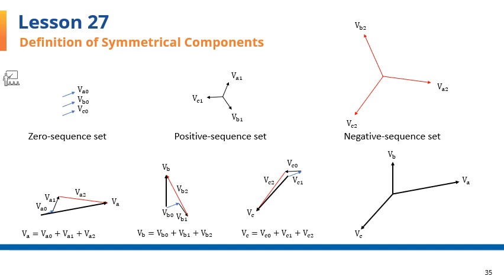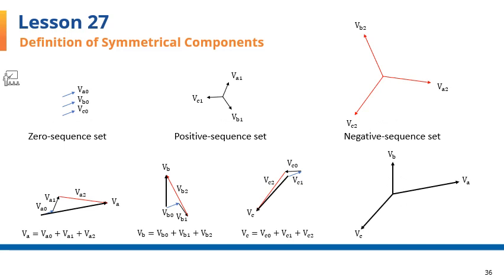Now, if the theory of symmetrical components ended here, it would not be anything special because you can pick 3 sequence sets at random, as was done here. And using their components, you can form 3 phasors, which themselves form a random set of 3 phasors.